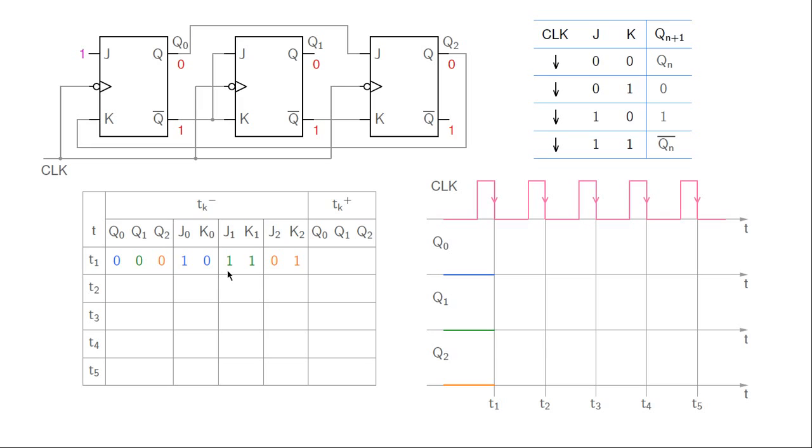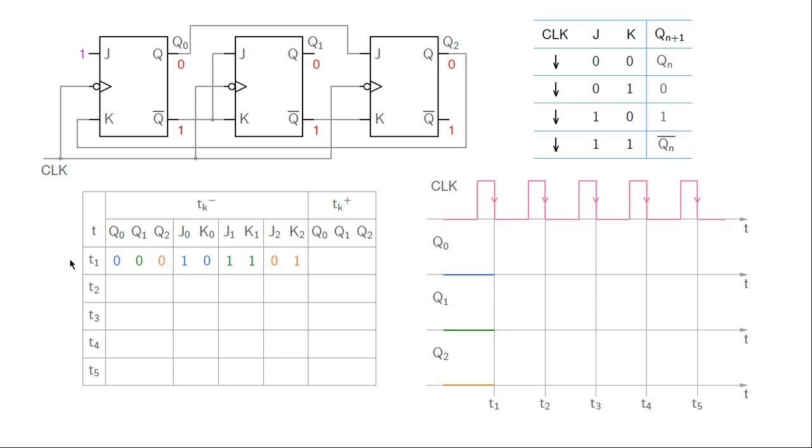J1 and K1 are tied together and they are equal to Q0 bar. Since Q0 is 0, Q0 bar is 1, so that's why we have J1 equal to K1 equal to 1. J2 is the same as Q0 and that is 0 at T1 minus. K2 is the same as Q1 bar at T1 minus, and since Q1 is 0, Q1 bar is 1, so therefore K2 is 1.